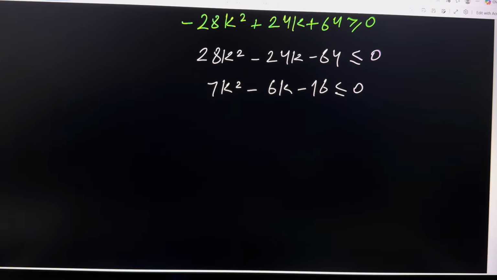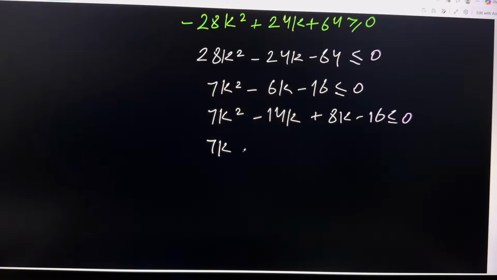Okay, so we can factorize this, and the two values will be, one of them will be a minus 7 times 16 is equal to 112. 112 is divisible by 14 and 8. The 14 will be negative, so this becomes 7k squared minus 14k plus 8k minus 16 is less than or equal to 0.